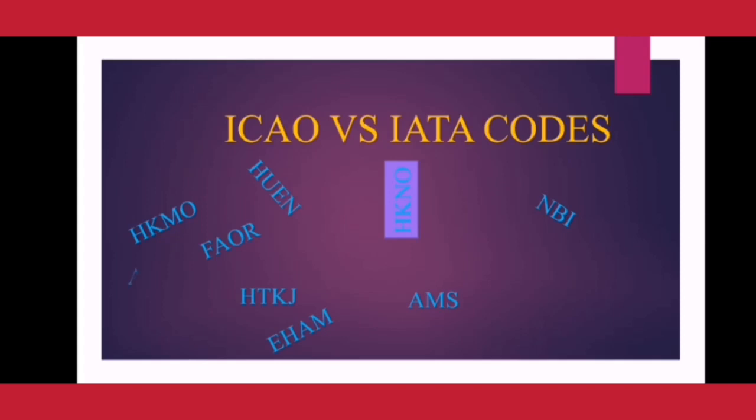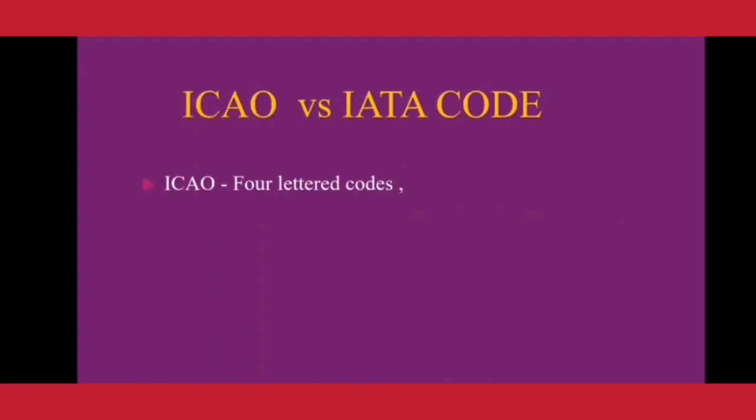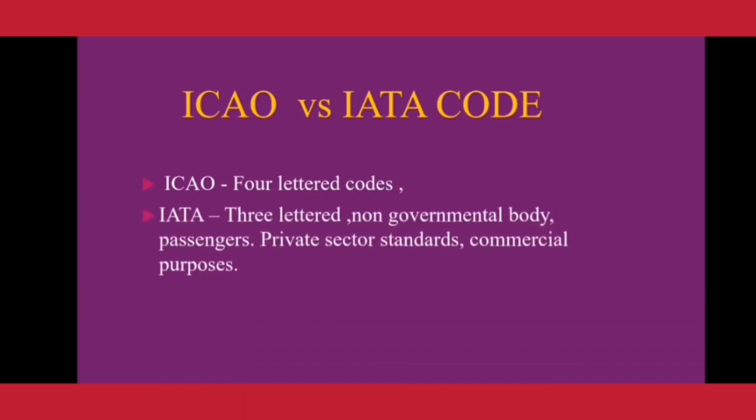So let's check the difference between ICAO and IATA codes in brief. ICAO codes are four-lettered, and they depict a unique location of an airport or an airstrip.